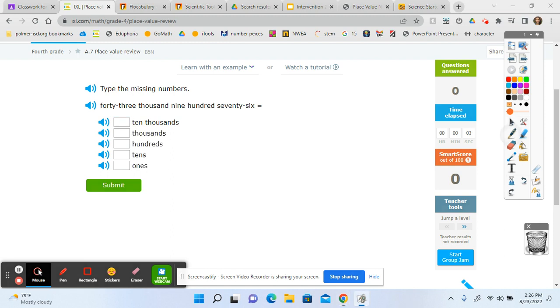It says type in the missing numbers, and then they're giving me a number right here in word form. The first thing I would do on this is get a piece of paper and write this number in word form in standard as a regular number. And the first thing I would look for are these comma words like thousand. And that word tells me that I'm going to put a comma there. Thousand, million, and billion, they tell me there should be a comma. So looking in front of where my comma would be, my 1,000 comma, I should have 43.